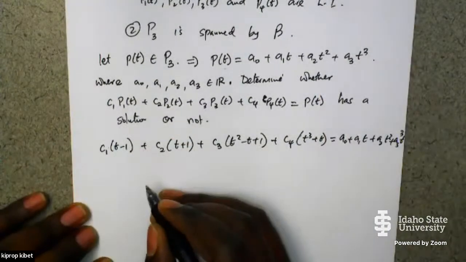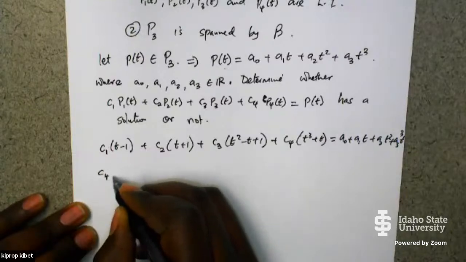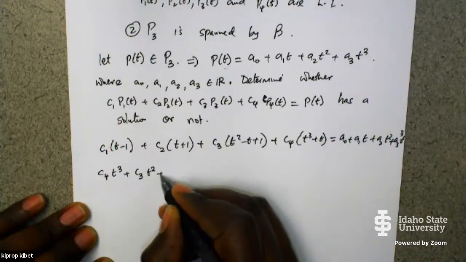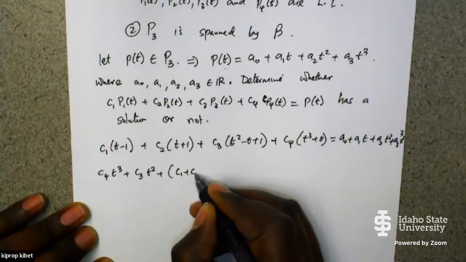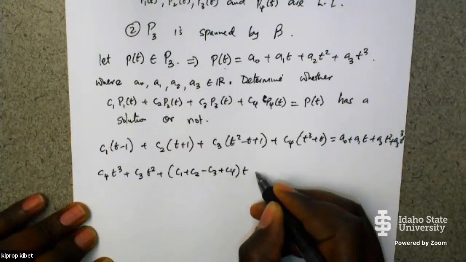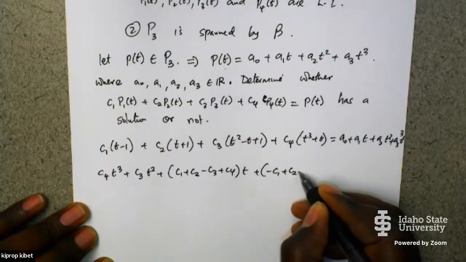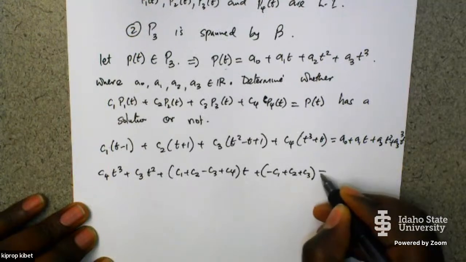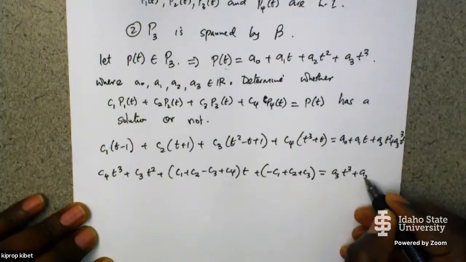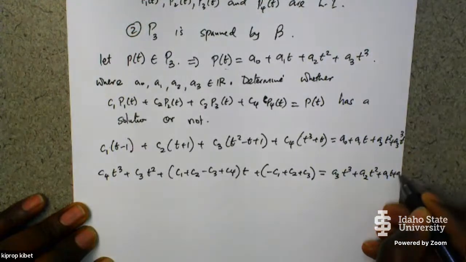So what we got is C4 of T cube plus C3 of T square plus C1 plus C2 minus C3 plus C4 of T plus minus C1 plus C2 plus C3 equals A3 T cube plus A2 T square plus A1 T plus A0.